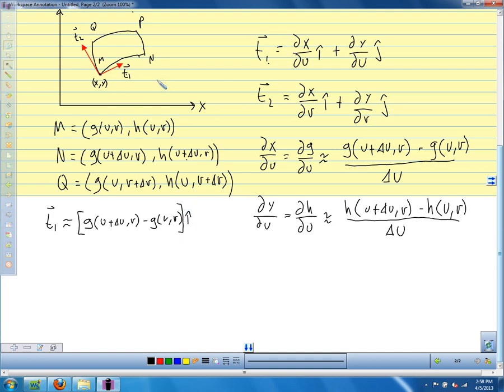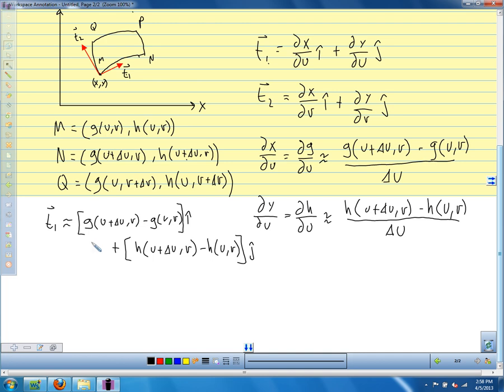That's how much we change moving in the x direction. And the change in the y direction from m to n is, plus h of u plus delta u comma v minus h of u comma v. And that's how much we've changed in the y direction. So that's our y component of t1.